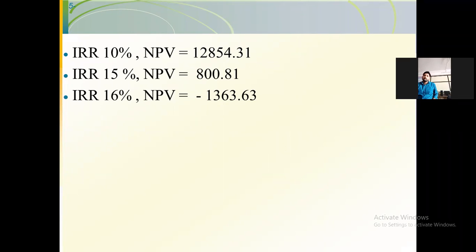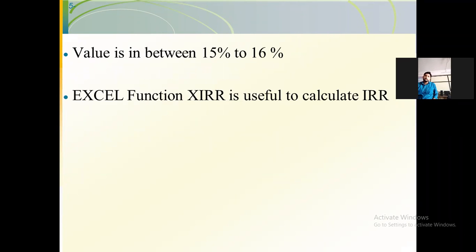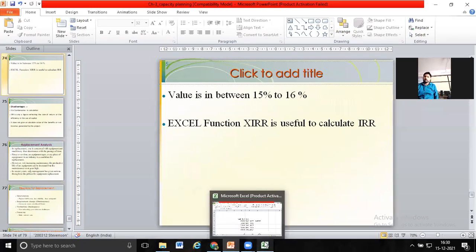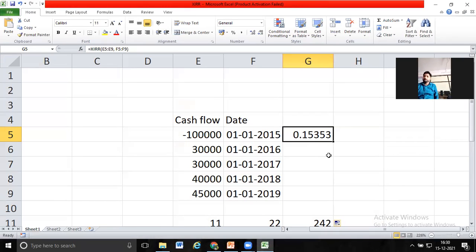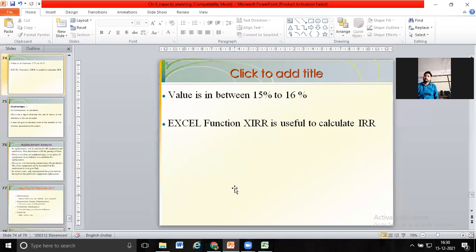Okay, in this manner you can calculate the NPV values. If you get the answer by using Excel, what answer did we get? We got 15.35%. Actual answer is 15.35%.